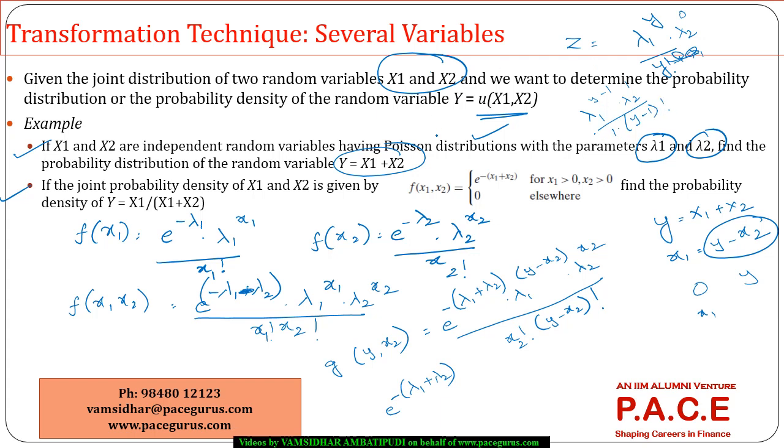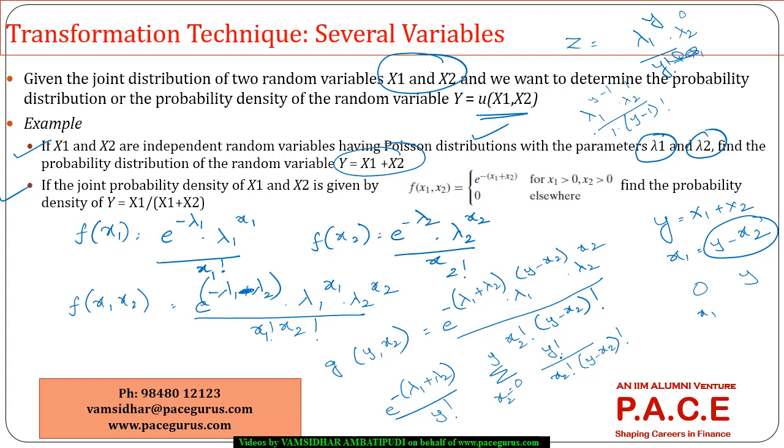So what I will do is take the y factorial out, and then do the summation of x2 from 0 to y. Because I have divided by y factorial, I also multiply by y factorial. Now this comes as x2 factorial into y minus x2 factorial.